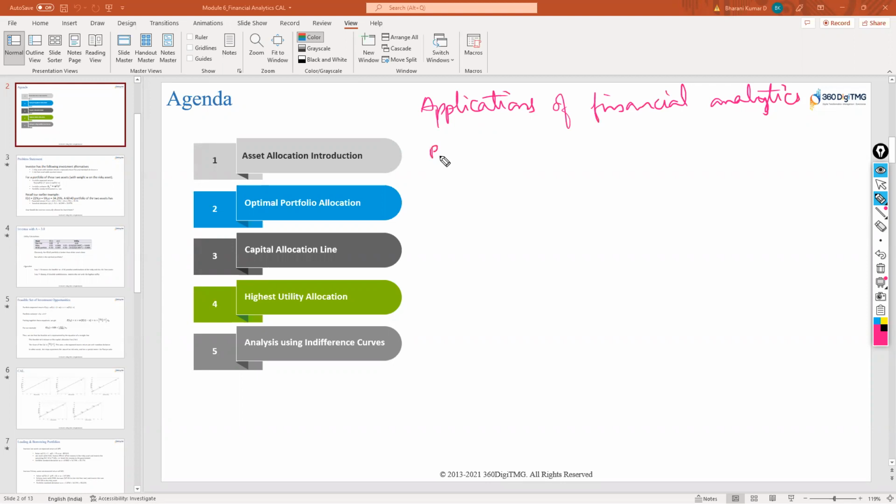There we spoke about the risk-return trade-off. We understood how to calculate expected return and how to calculate risk. These aspects we have discussed very much.